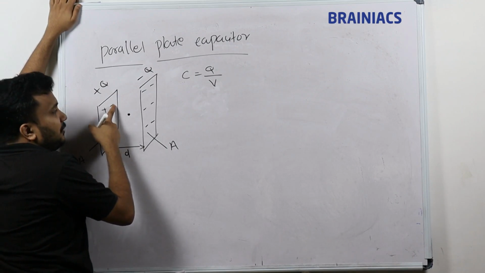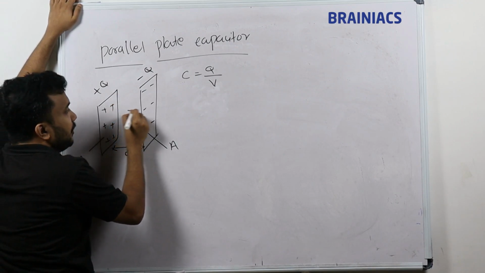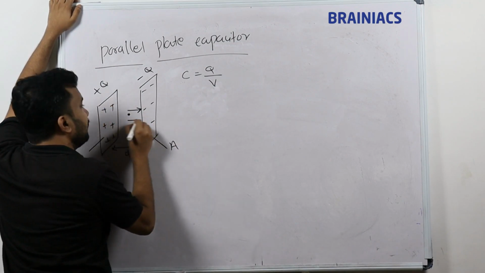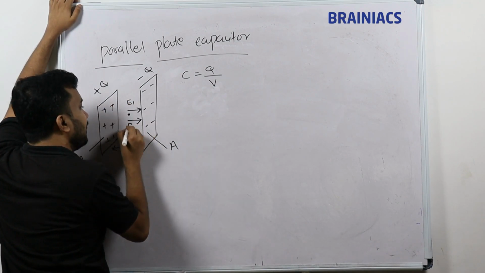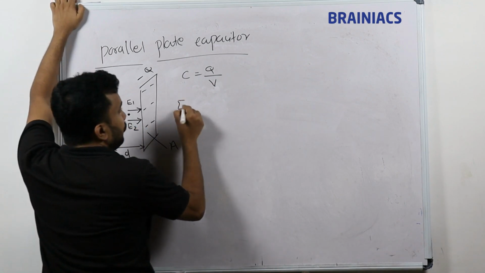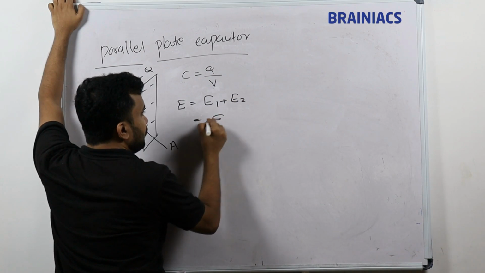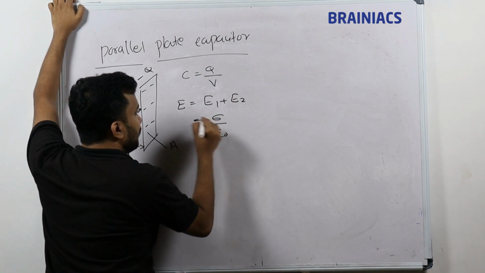Because of the positive plate, electric fields are going away. Because of the negative plate, electric fields are coming into it. So two electric fields will be here, E1 and E2. The total electric field is E1 plus E2 in between the plates, with each being sigma divided by 2 epsilon 0.